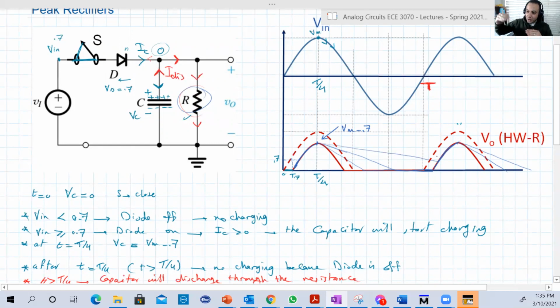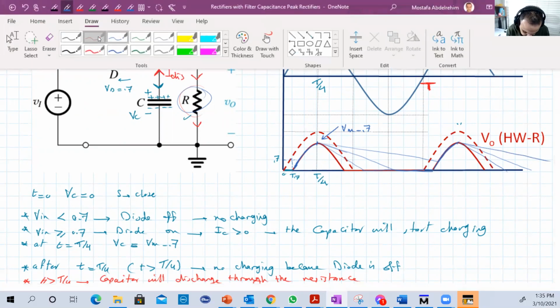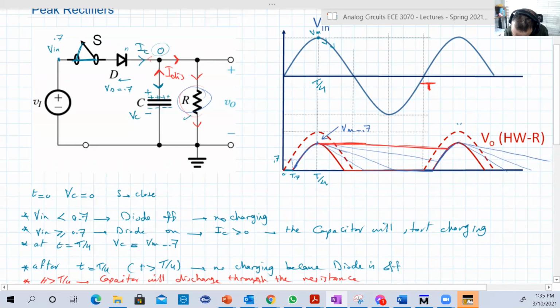As we increase tau or RC, the rate of the reduction, or the decay, or the discharge becomes slower. Then it charges again. Okay. Usually you have something like this. Let's do it with red. Then a little bit of a charge. Then reduce again.